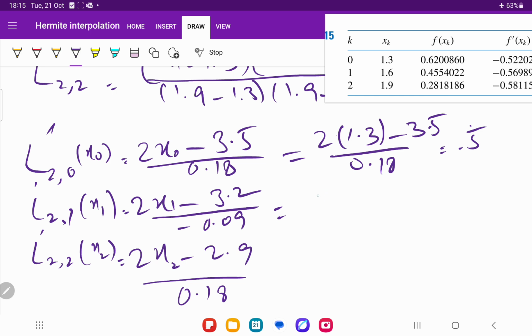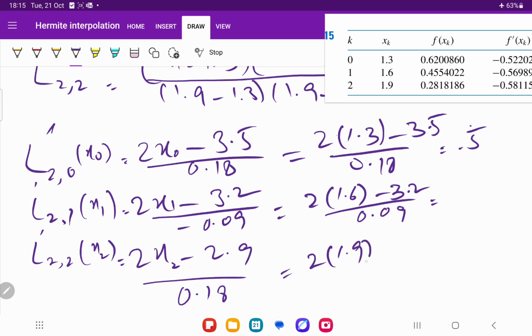And 2 multiplied by 1.6 minus 3.2 divided by 0.09. So what is the answer here? 0.14. And then the second one is 0, the third one is 5.